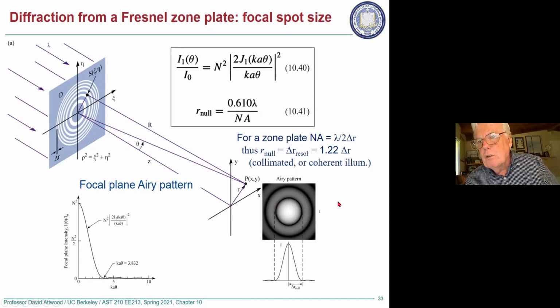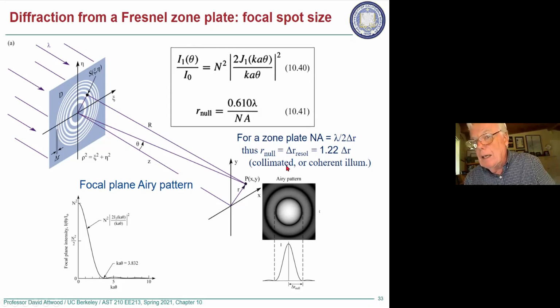Okay, the resolution we're going to find out for collimated radiation, such as shown here, or coherent radiation, the resolution for this lens is going to wind up being something like 1.22 times the outer zone width. So if our outer zone width was 15 nanometers, this would say that about 18 nanometer resolution is as best as you can do.